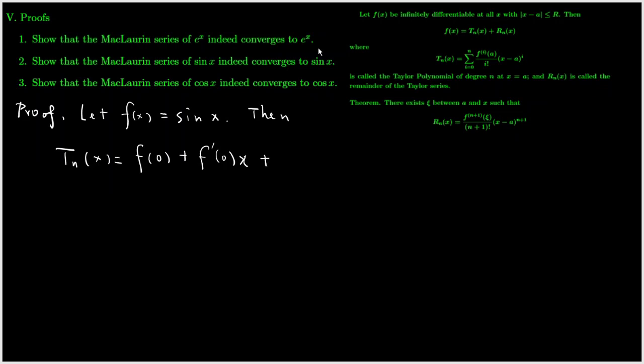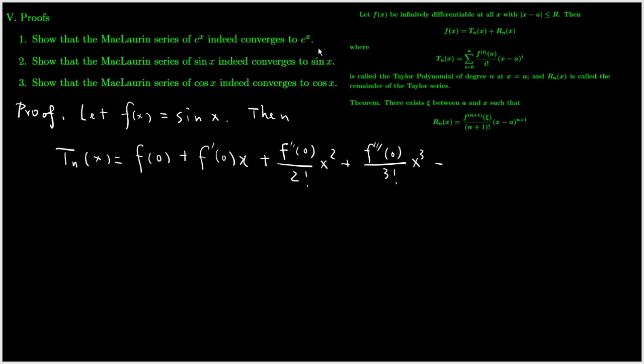I'm going to write a few more terms so that you can see the pattern. The double derivative of the function at 0 over 2 factorial and then times x squared. The next term, the triple derivative of the function at 0 over 3 factorial and then times x cubed.